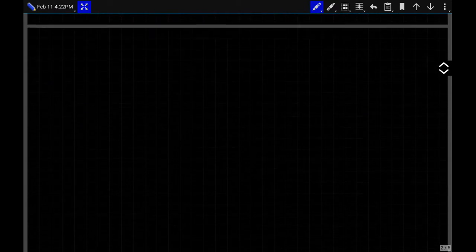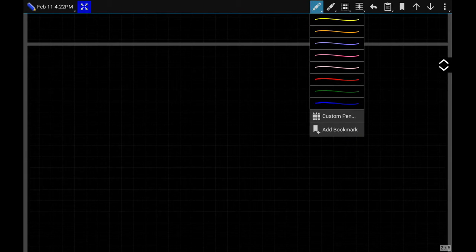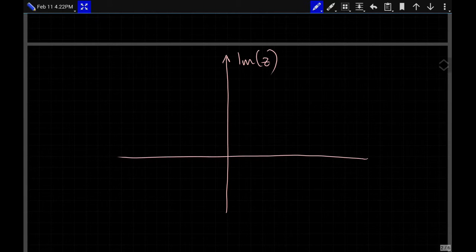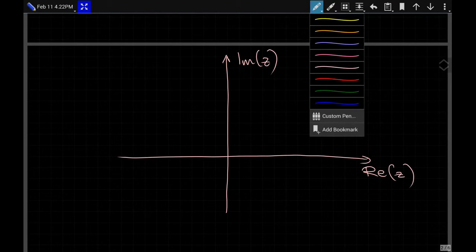So we're going to draw it first. We're going to have this coordinate system where that is our imaginary axis, and then we have our real axis. Okay, now we're going to have some z's.